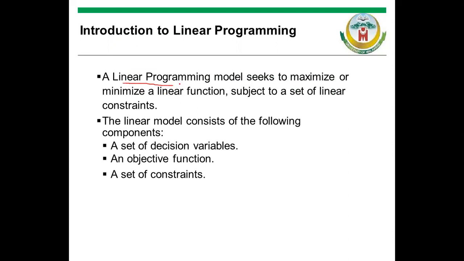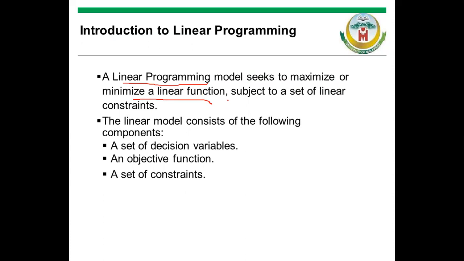Okay, so a linear programming model seeks to maximize or minimize a linear function. In our last lecture, we have already discussed linear systems or linear functions, and that it has two characteristics.